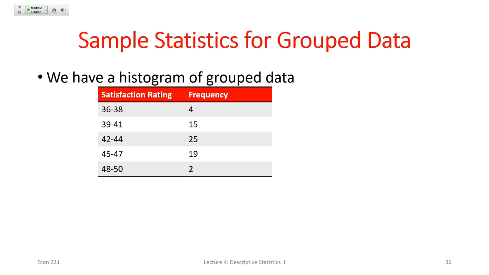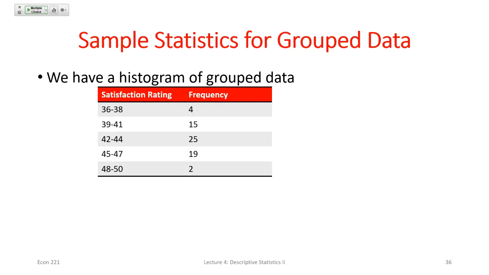If I wanted to do income and how many people make exactly this amount, I could do that and say there were 50 people making exactly $32,451, but it's more likely I'm going to present the data to you in bins. This many people make between 40 and 50,000, this many people make that. So a lot of times we'll have responses for the variable X that we're interested in, but the data will be presented in bins.